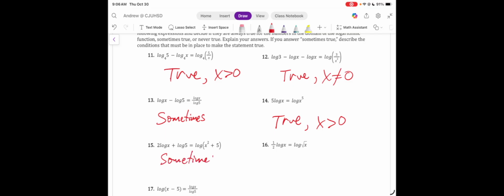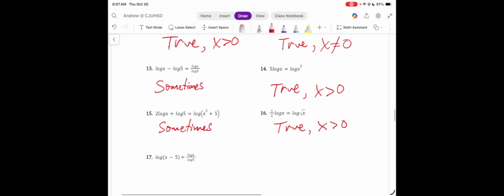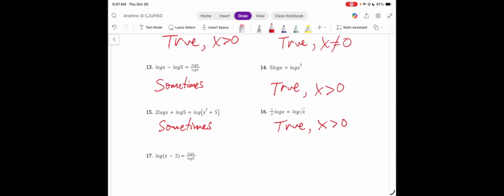You could solve that with Desmos. 16 is a real property. It's always true. Of course, x would have to be greater than 0. And 17 is a fake property. And if you try to solve that with Desmos, you don't even get a solution. This one would be never true.